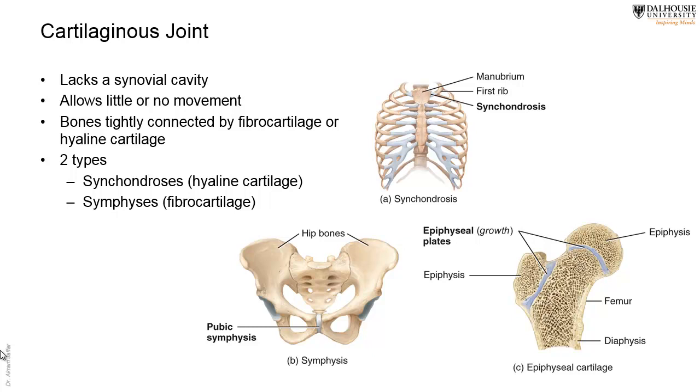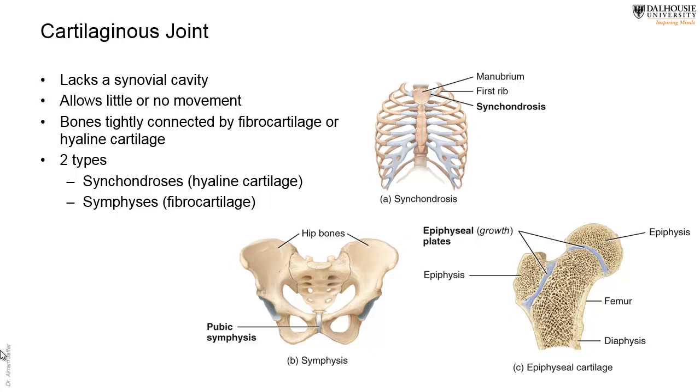And the third type of cartilage is called the elastic cartilage, like the one that is in the auricle or in the epiglottis, where there are elastic fibers in the matrix of the cartilage. So here we have either hyaline cartilage, and it is called synchondrosis, or fibrocartilage, which is called symphysis.